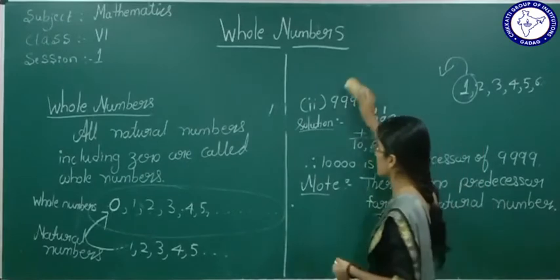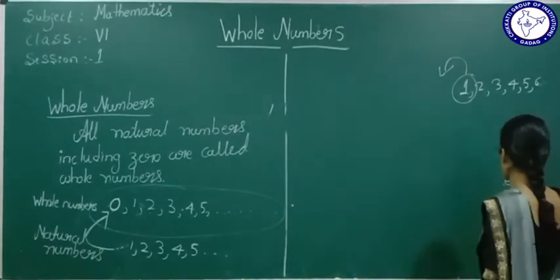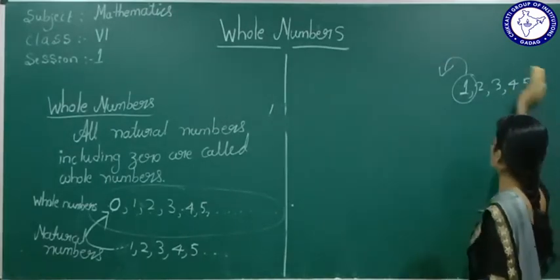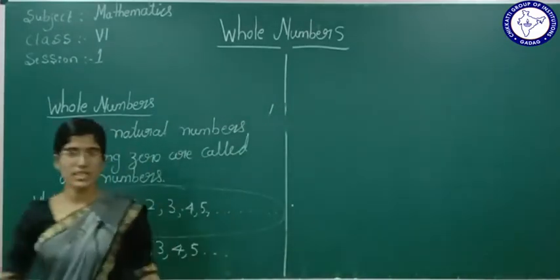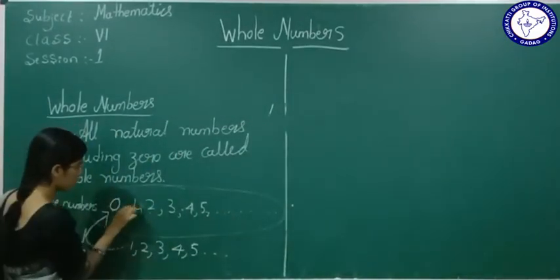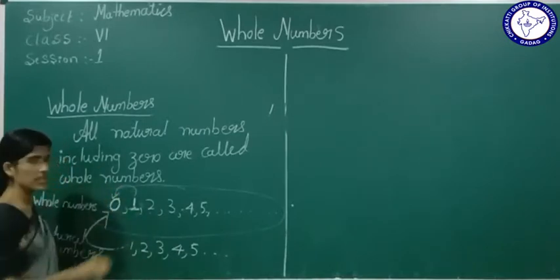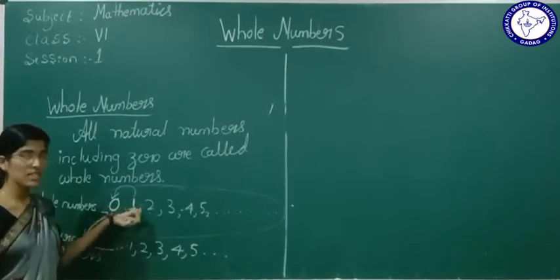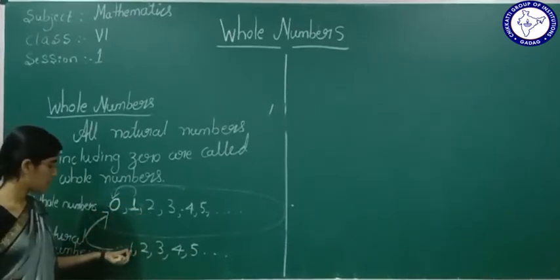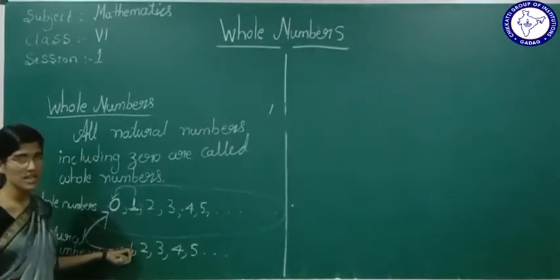Okay, now tell me, what is the predecessor of 1 in whole numbers? 0. Yes or no? See here, 1 has a predecessor in whole numbers, but 1 does not have a predecessor in natural numbers, because natural numbers start from 1 only.